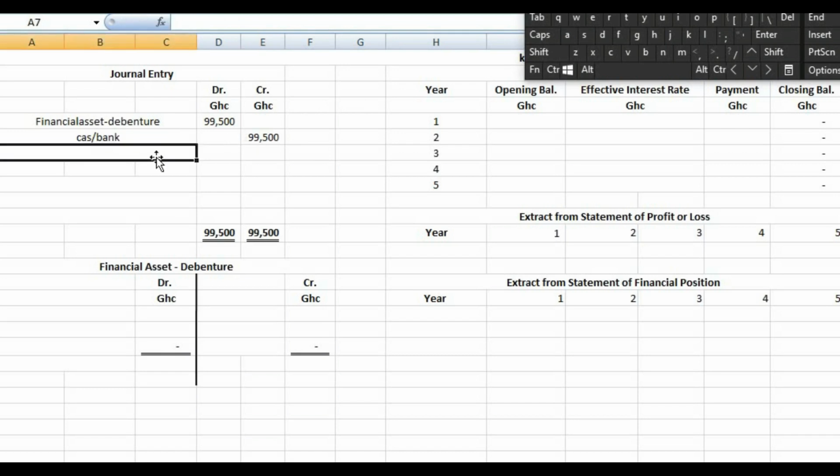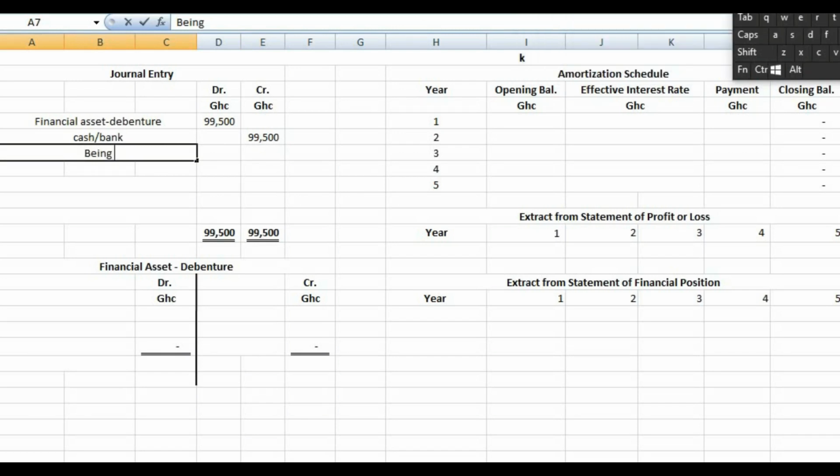So we need to make a narration. So, being financial asset acquired. We are good to go.